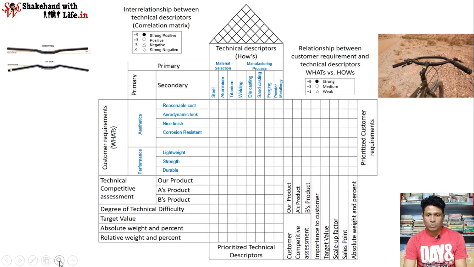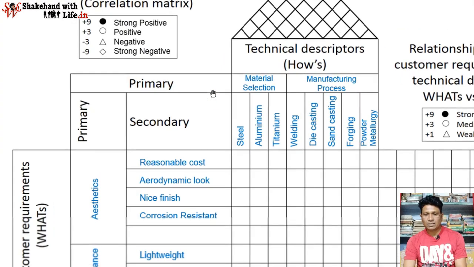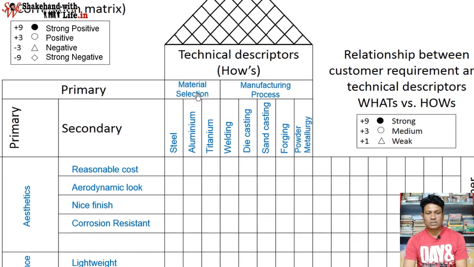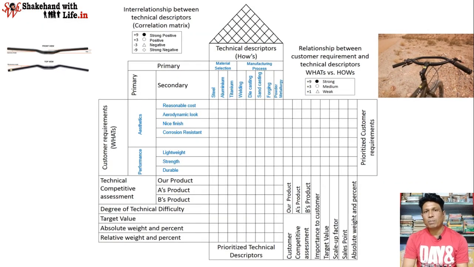By zooming, you can see that these are the technical descriptors at primary level: material selection and manufacturing process. Material selection includes steel, aluminum, and titanium, and manufacturing process includes welding, die casting, sand casting, forging, and powder metallurgy. So these are the technical descriptors and customer requirements listed in House of Quality.